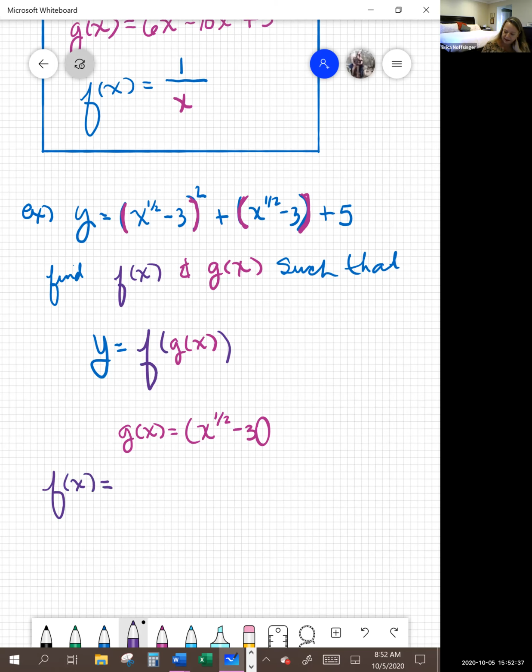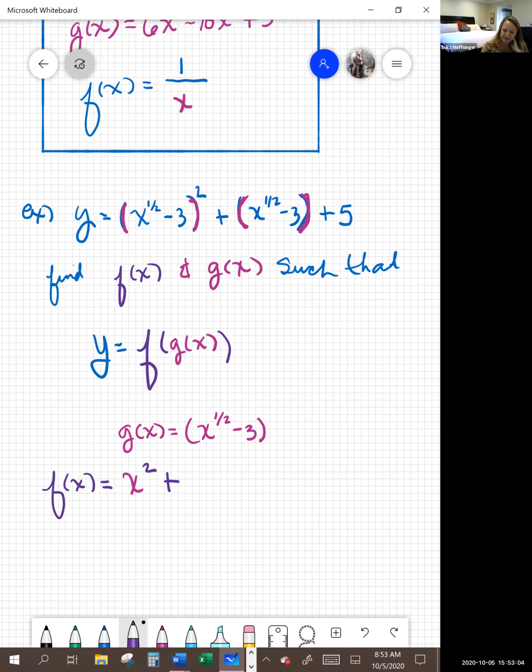Wherever we see an x, wherever we see that expression that we let g of x, we're going to let be an x. And so here I see this whole expression. So this will be x, and then it's going to be squared.